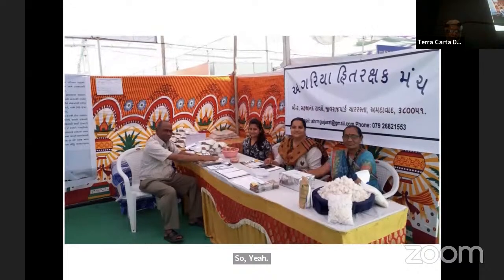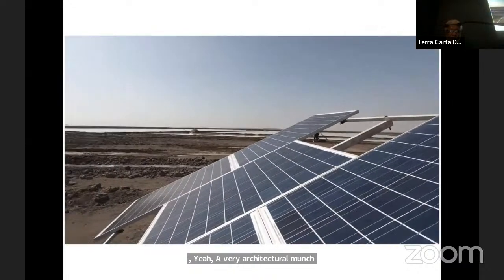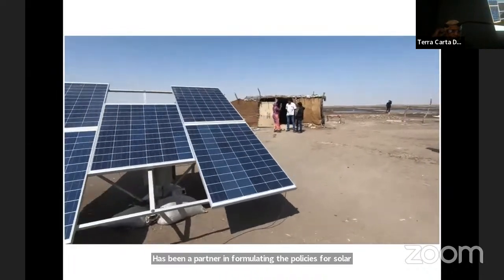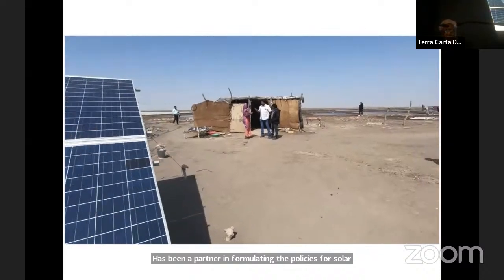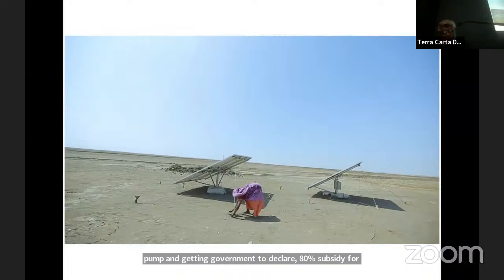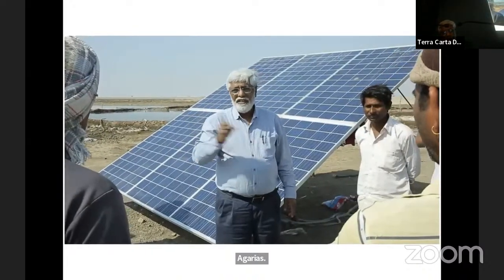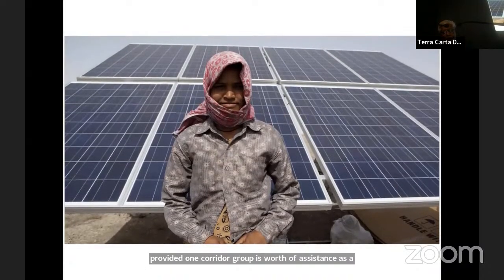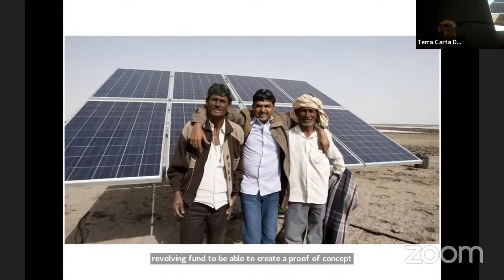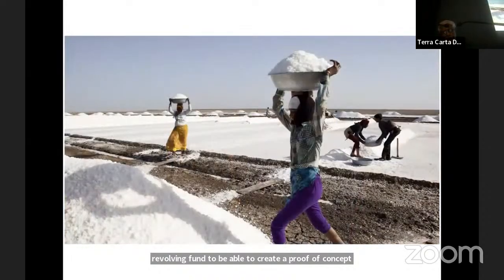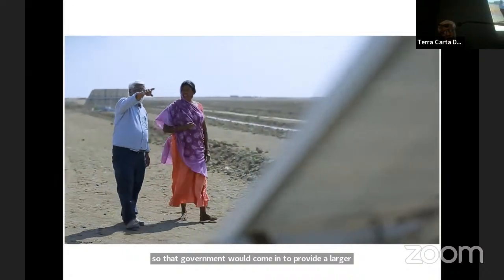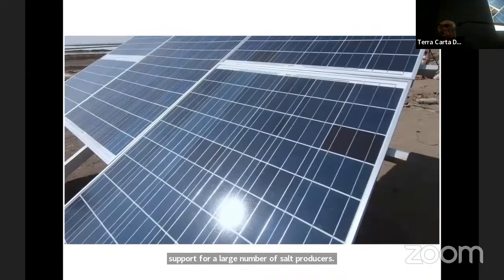Agaria Hitrakshak Manch has been a partner in formulating the policies for solar pump and getting government to declare 80% subsidy for agarias. And Association for India's Development, AID USA, has provided 1 crore rupees worth of assistance as a revolving fund to be able to create a proof of concept so that government would come in to provide a larger support for a large number of salt producers. If you look at the cost of the solar pump, it's 2.5 lakhs.